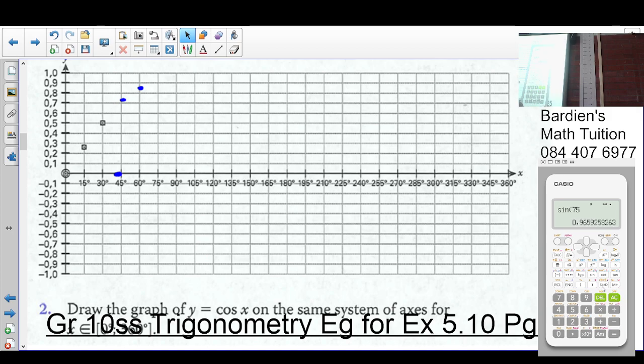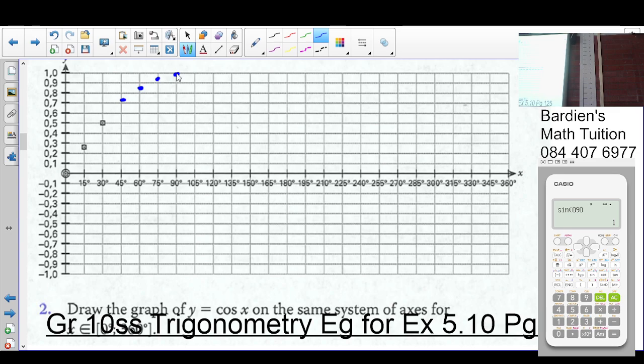You get 0.965, and the number carries on, so 0.96, which is approximately there. Now you got 90, and so on and so on. You understand now? Okay.